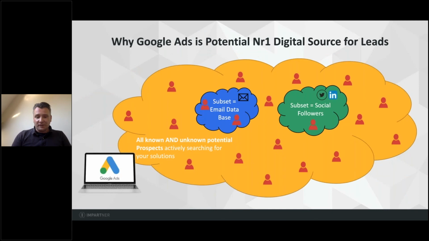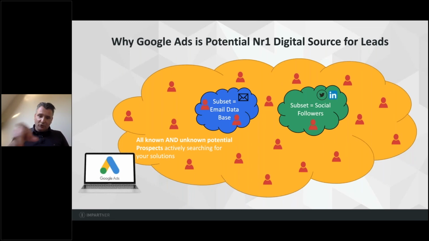One of the last slides is around why Google Ads is potentially the number one digital source for leads. For Xerox, like Isabelle mentioned, it is the number one digital source of leads. For other customers, it all depends, of course, on how much media budget you also put into this one. But in general, based on this picture I'll try to explain, besides the budget you push into this, the reason why this is potentially your number one digital source.